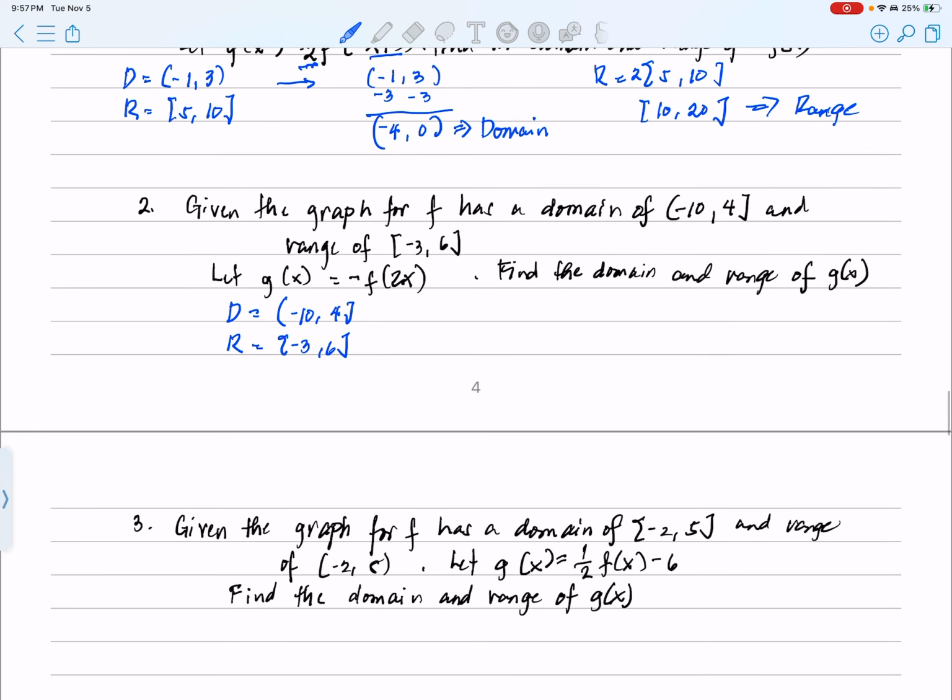There is a reflection across the x-axis, but our domain is twice. That means the domain is stretched. Okay? So what is twice when it's domain?